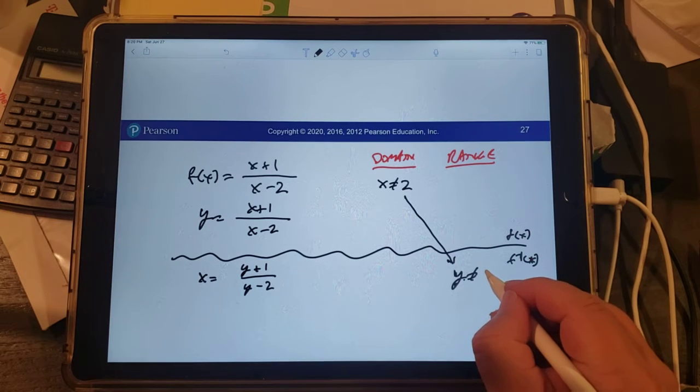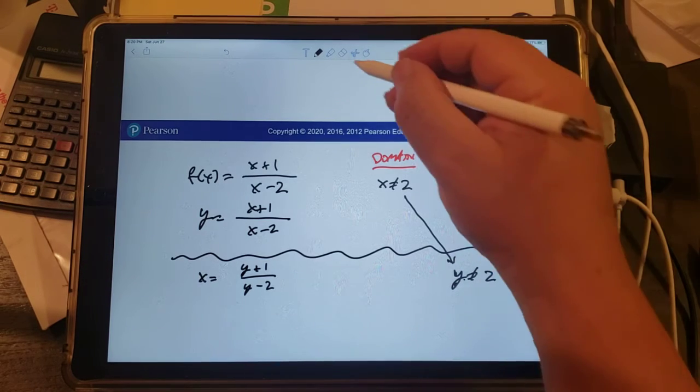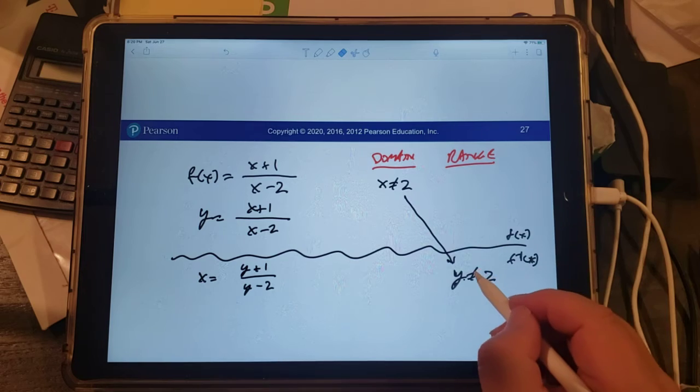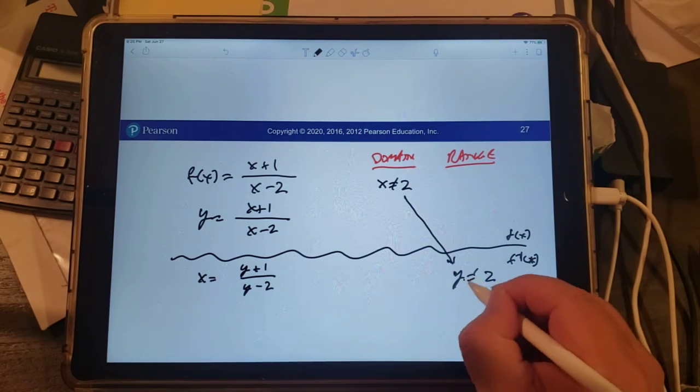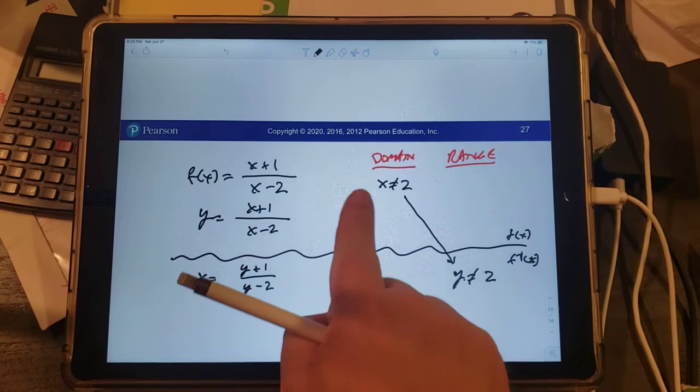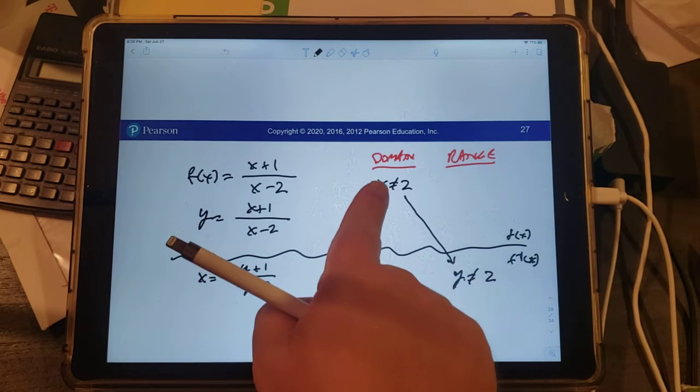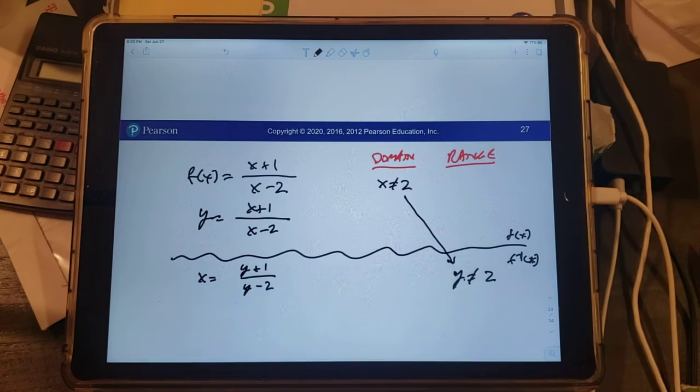So that means the range of the inverse function is y is not equal to 2, because the domain of one is the range of the other. Now this next part, it kind of depends on how well you remember things from chapter 5.